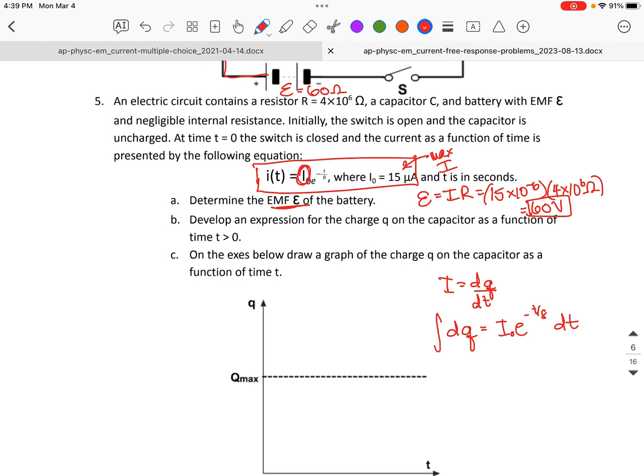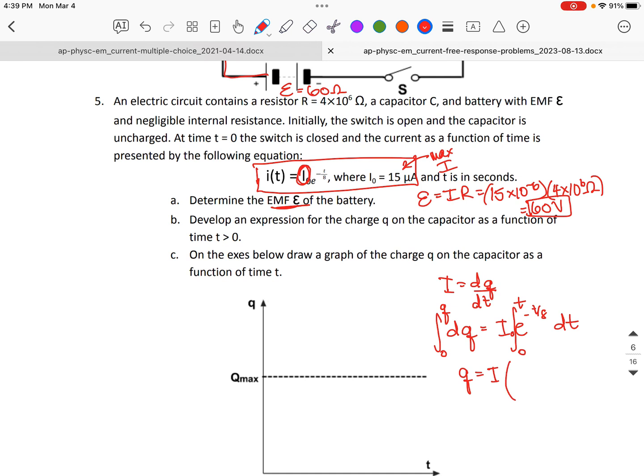We can take the integral. For the left side, it's from 0 charge to charge q. And for the right side, it's from 0 to some arbitrary time t. This is easy because the integral of dq is just q. It's actually q minus 0, but the 0 obviously eliminates. And then here we've got I naught.